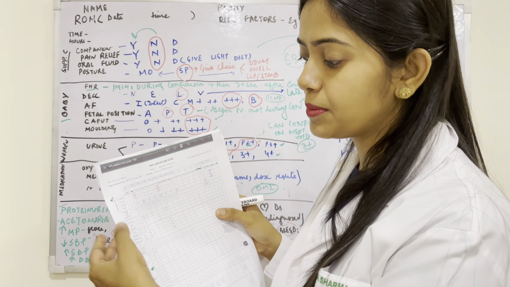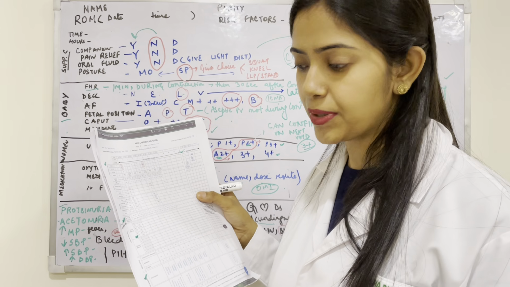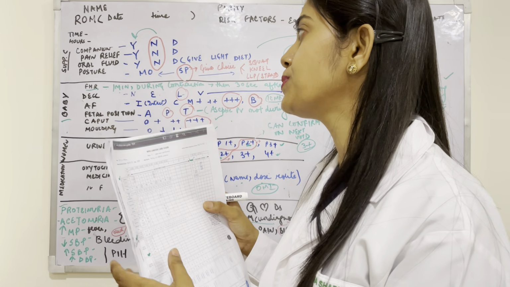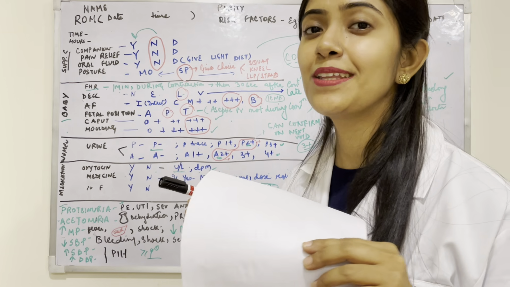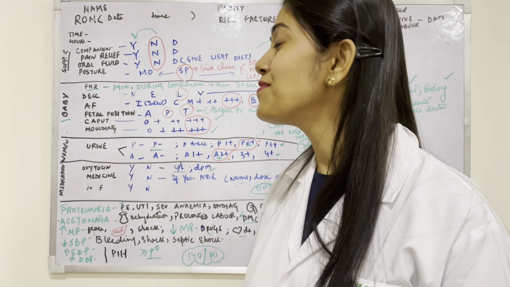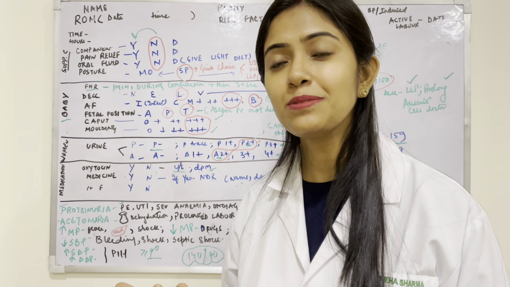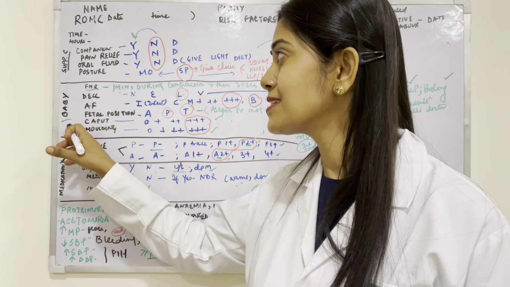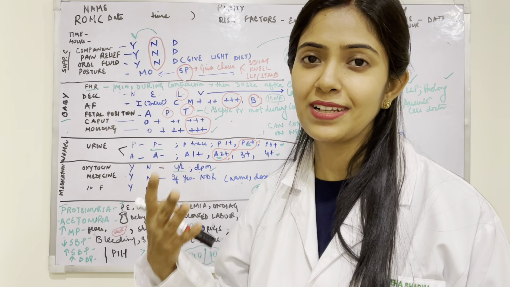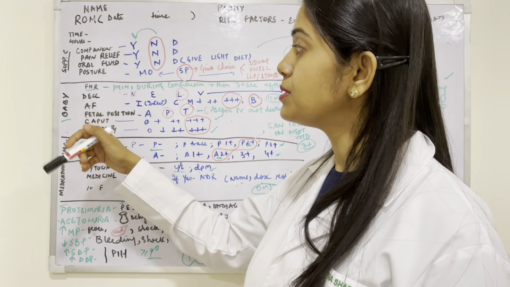Next, we are talking about the baby, the mother, and the labor. First we'll talk about the baby because the baby is the most important part of the labor room, isn't it? Everything that we are doing is mostly for the baby and so for the mother, but yes, the baby is the most sensitive. So what are the findings that you have to mention about the baby?